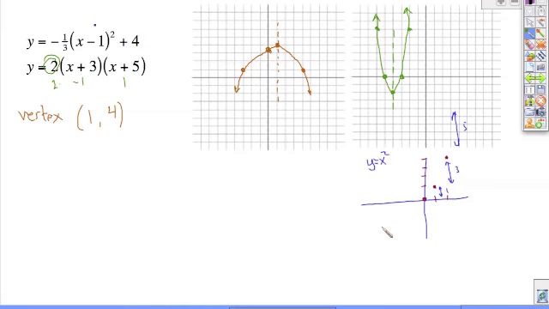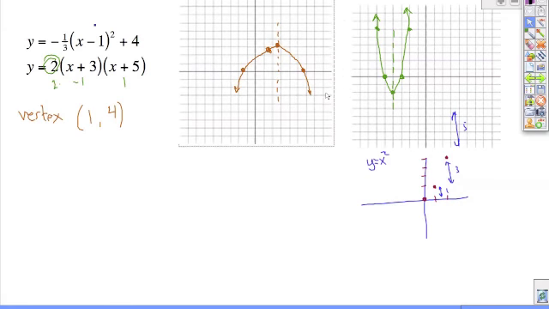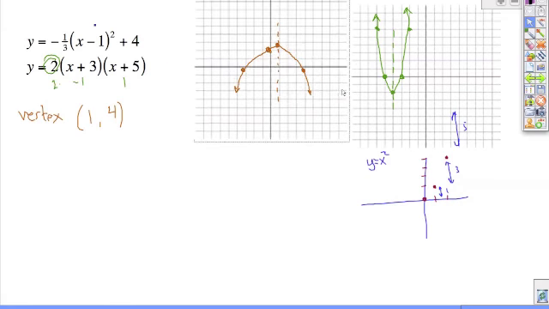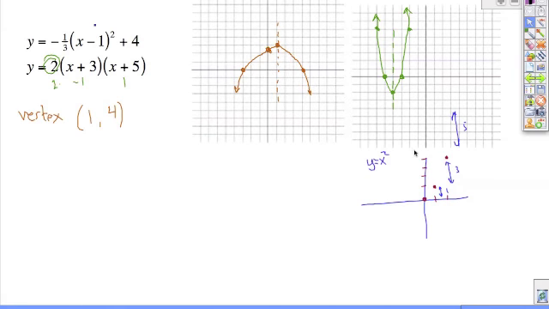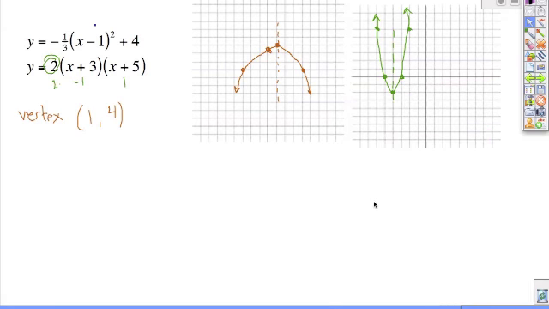There is our graph for the second quadratic. This pattern is something that I found to be useful over the years. If you don't remember it, that's okay. You could have always plugged in values for x and moved forward that way.